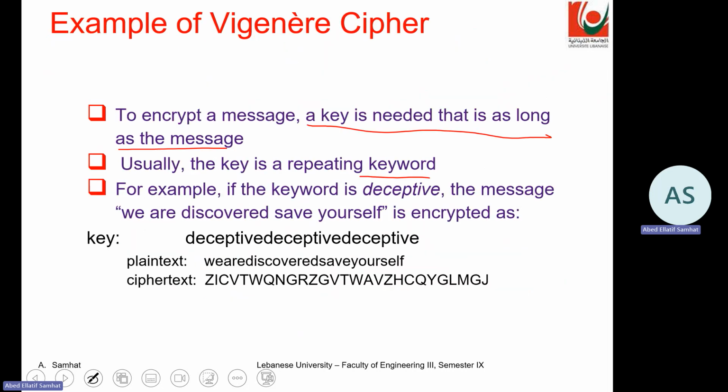For example, let's consider that we want to encrypt the message "we are discovered, save yourself", and the secret key is "deceptive". In this case, we put the plain text, and we repeat deceptive, deceptive, deceptive. So the secret key will be D, E, then C, E, P, and so on.